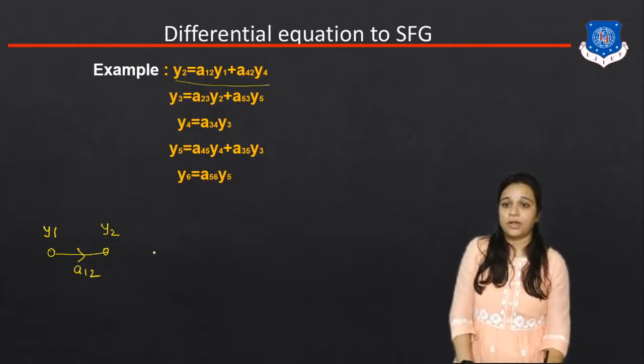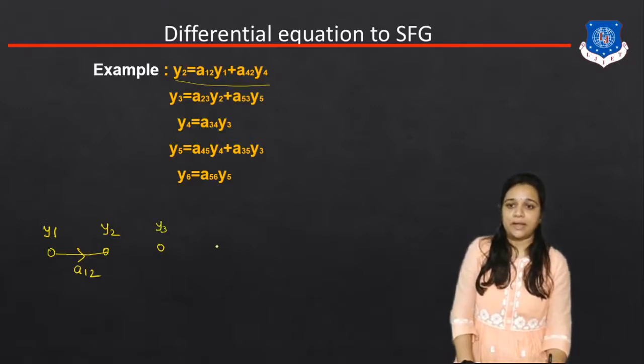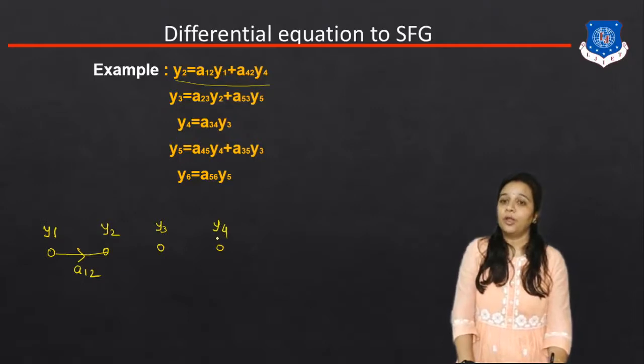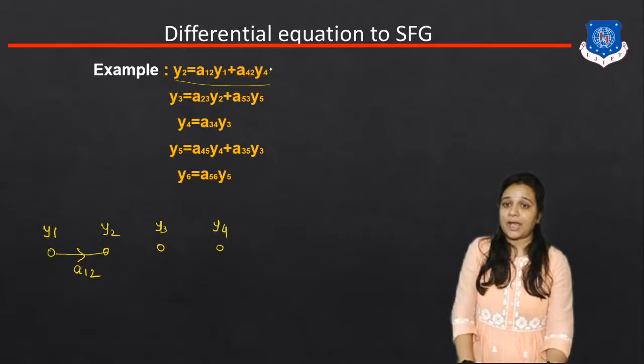Again, here the y3 node is there and the next node is y4. Always remember that the arrow direction starts from the input and goes to the output. Here the output is y2, so you start from y4 and end at y2, and the gain will be a42.